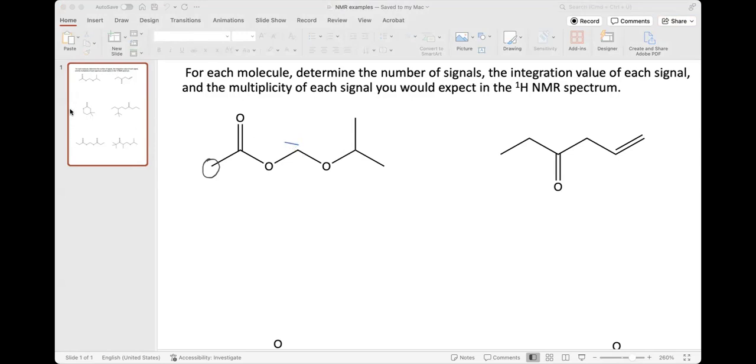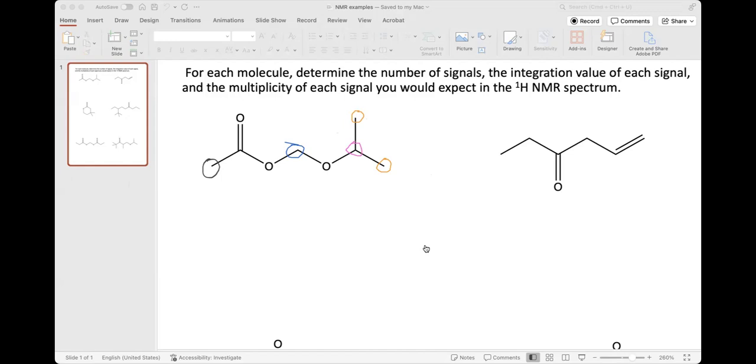Two. I've got one hydrogen here. That would be three. And then these two methyl groups are identical. So the two that I circled in orange, since those hydrogens are the same, they would contribute to the same signal. So we would have four signals in that case.